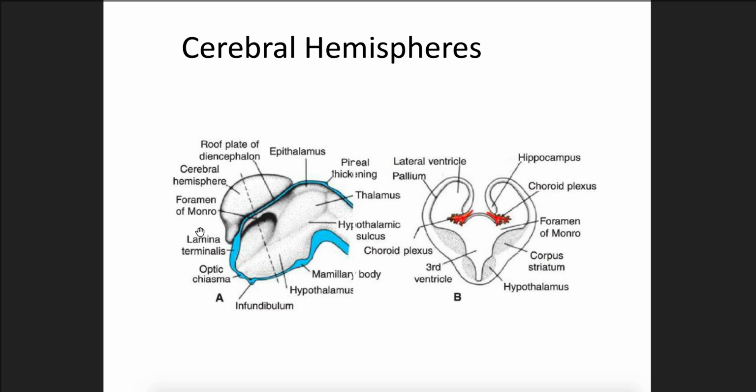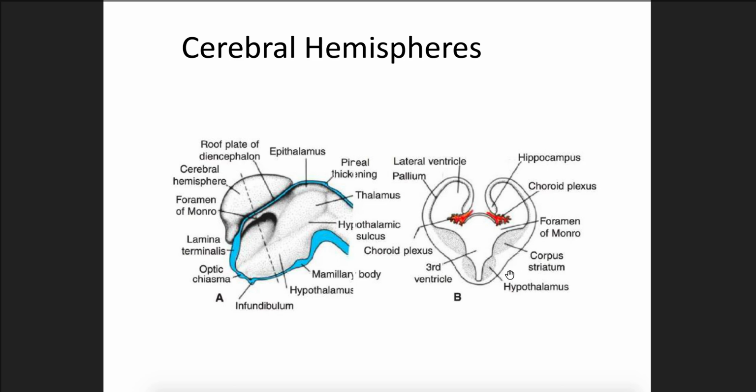This is not a 3D diagram, so you have to use your imagination a little bit. In diagram B, they've shown you a cross section, which is this dotted line here. If you follow this, it correlates with the roof of the diencephalon. And this is the choroid plexus.